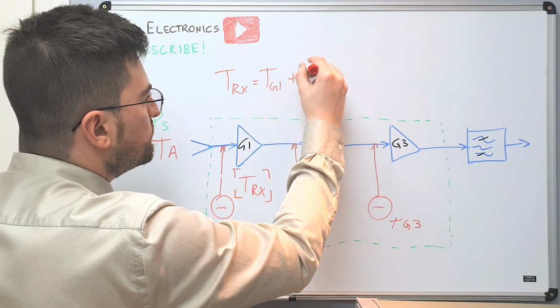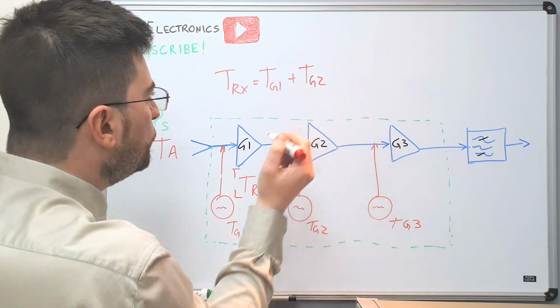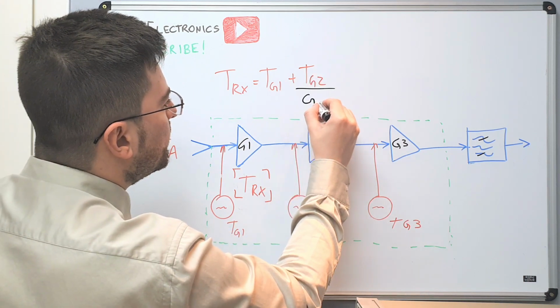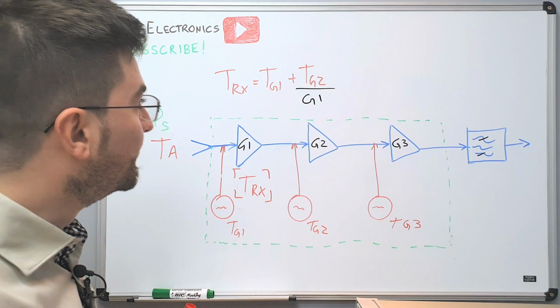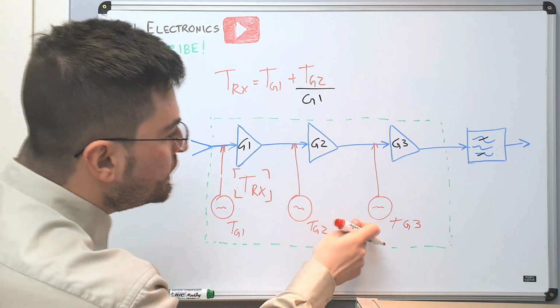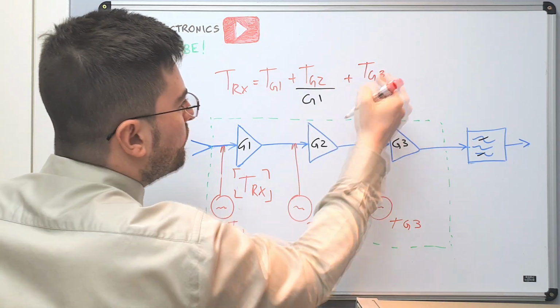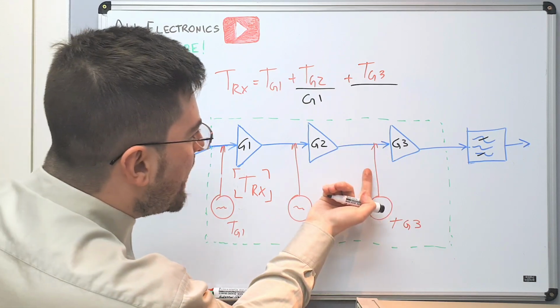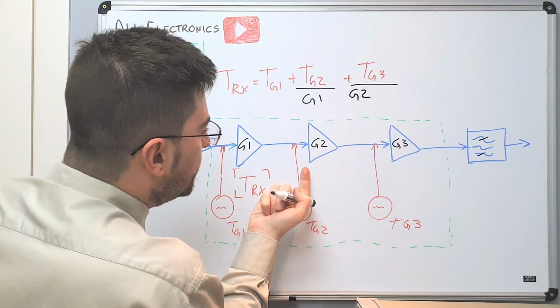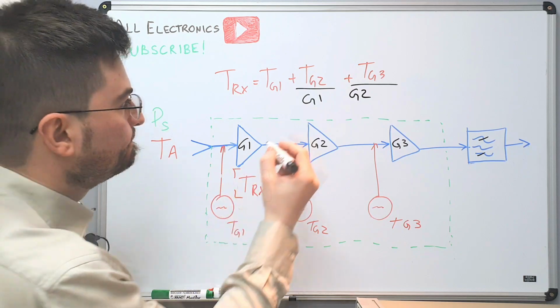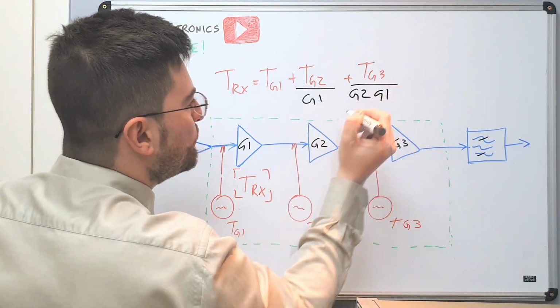Okay, so it becomes T gain 2 divided by gain 1. Look at this, guys. And now we need to consider this one here of the gain block 3 divided by the gain 2 divided by the gain 1. Oh, this is beautiful.